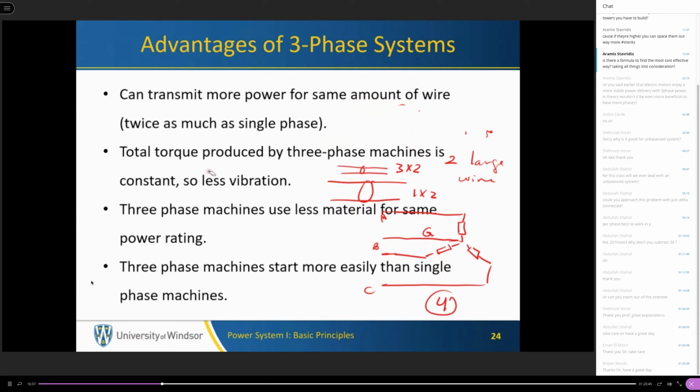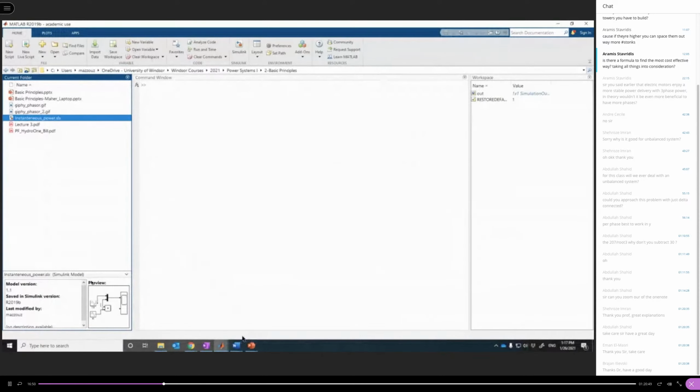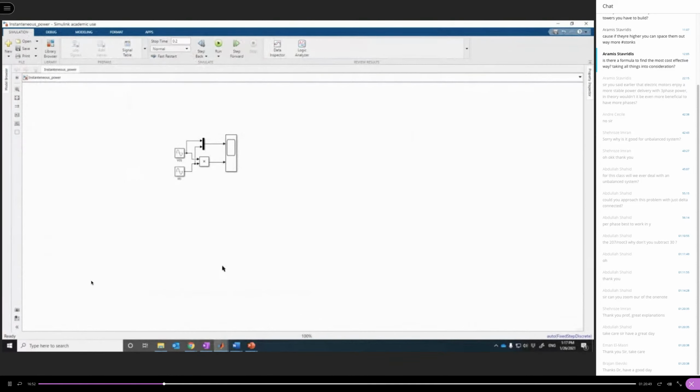The torque produced by 3-phase machines is constant, so we have less vibrations. How does this happen? Let's go back to the Simulink model we developed in the previous lecture. This is a single-phase system.